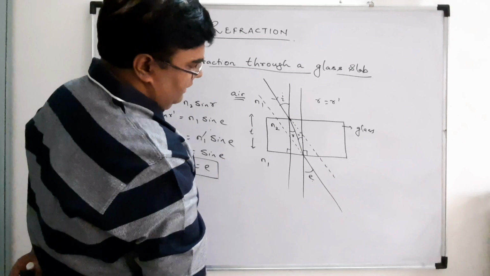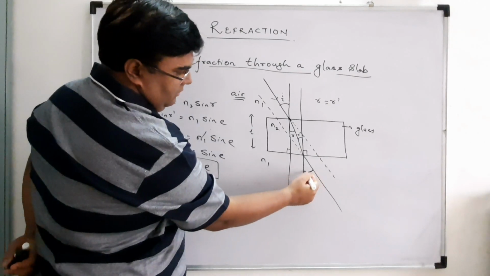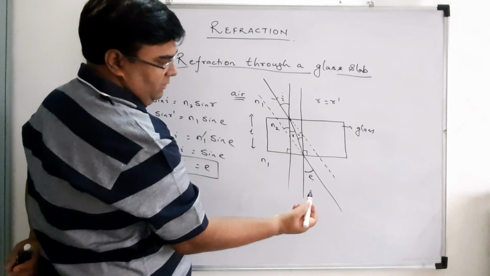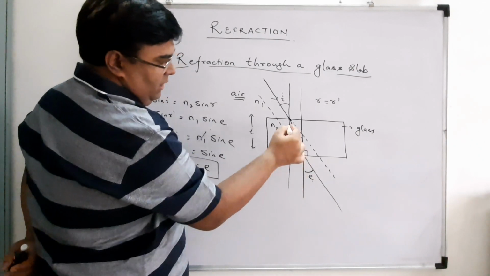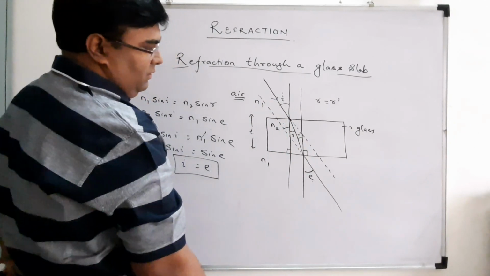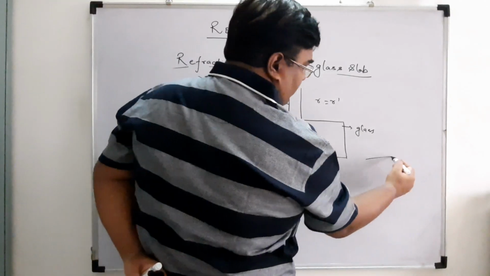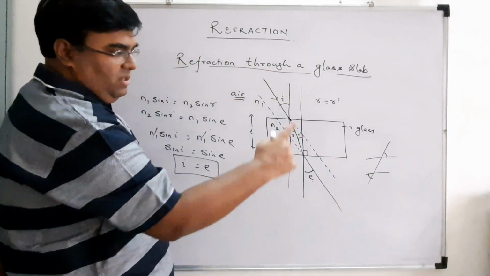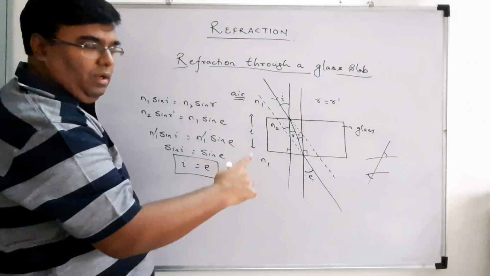This angle is equal to this angle, angle E equal to angle E. These are exterior alternate angles. If you draw two parallel lines and a transversal, these two angles are exterior alternate angles and they are all equal.